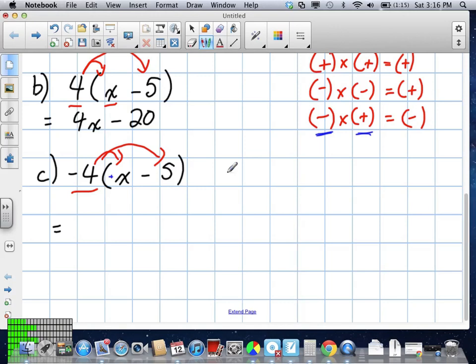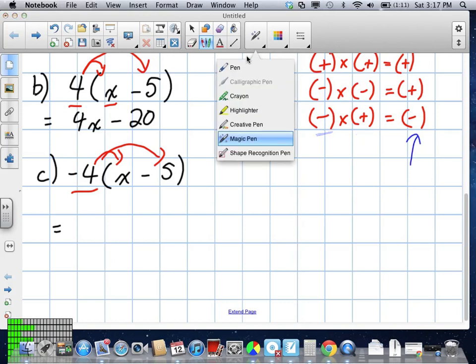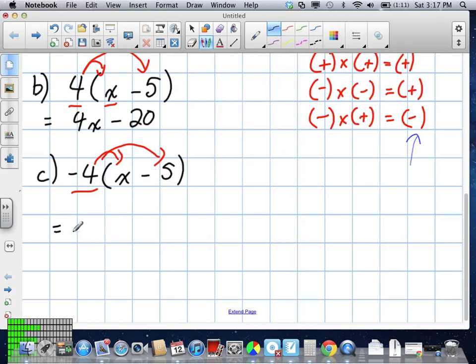So right away, my first term is going to have what type of answer? Positive times negative, so I'm going to have a negative to start. So I put the negative in. And what is 4 times x? 4x. So our actual first term is negative 4x. Okay.